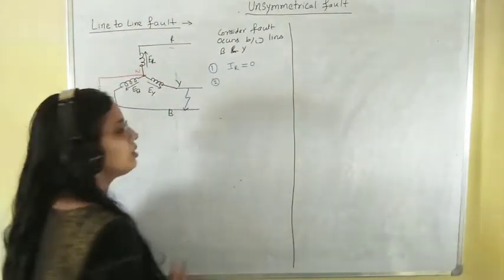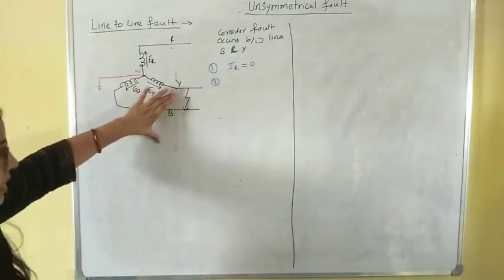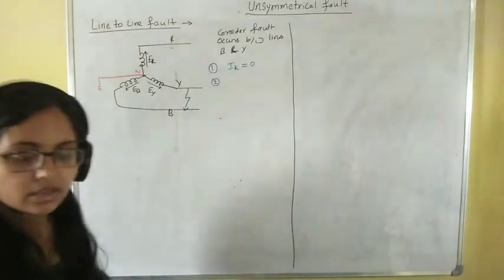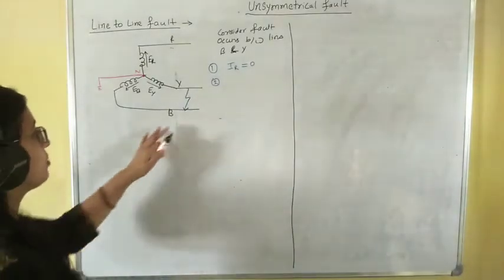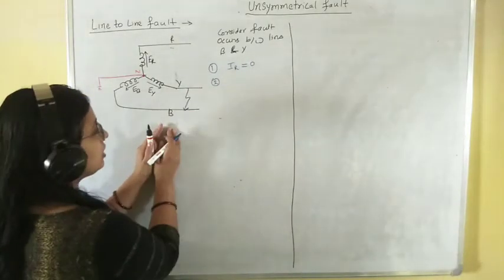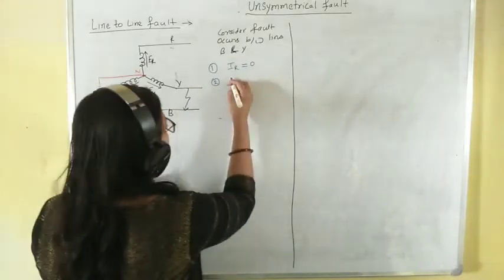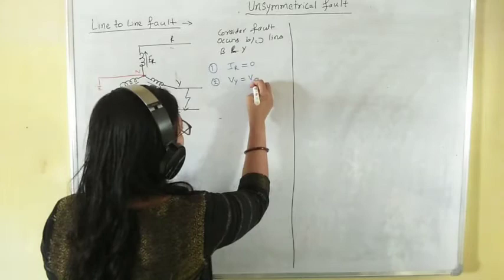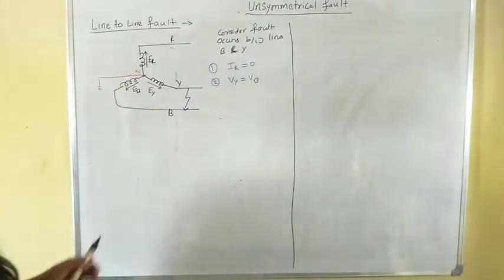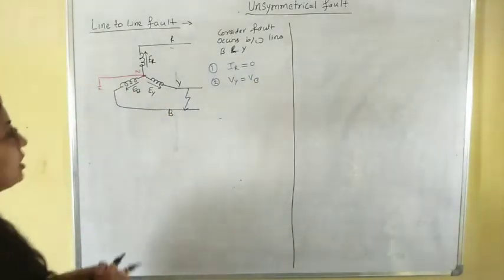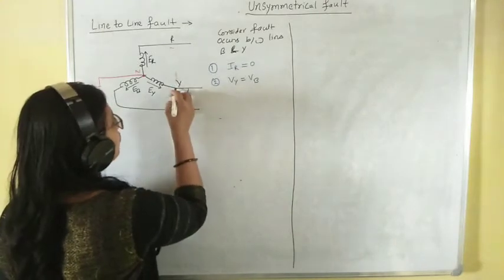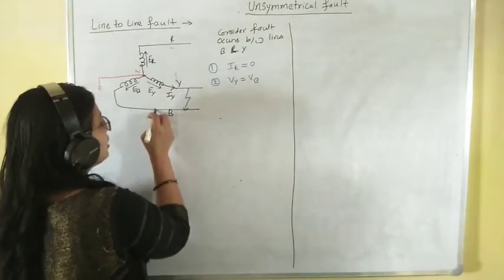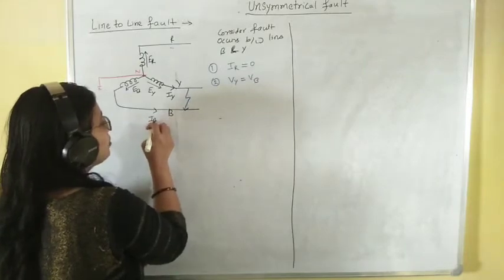Second condition is what? These voltages have the same voltage because both lines are connected to each other. So Vy will be equal to Vb. Next, the current flowing in the Y line is Iy, in the B line it is Ib.